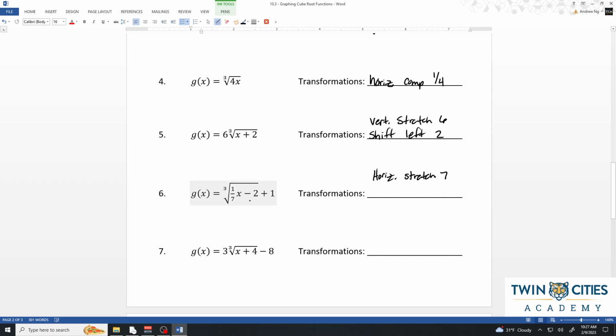I'm also going to shift to the right 2. And then up 1. Finally, number 7 here. Let's see, there's going to be a vertical stretch of 3. Shifting to the left 4. And then shifting down 8.